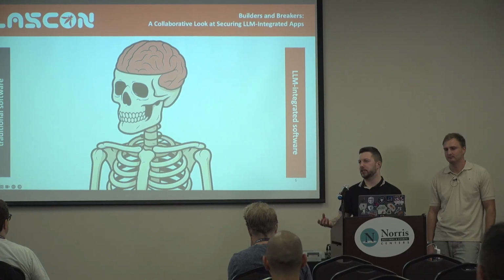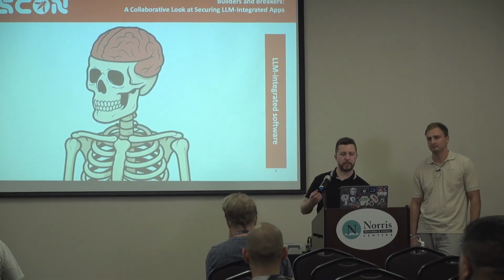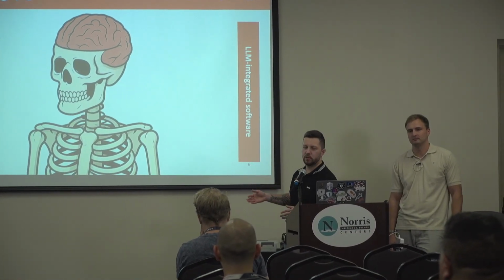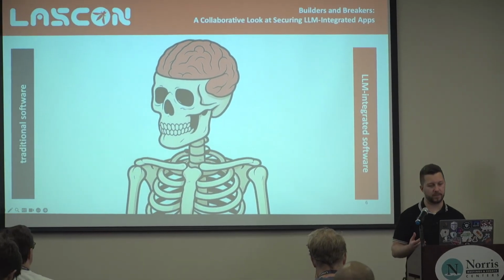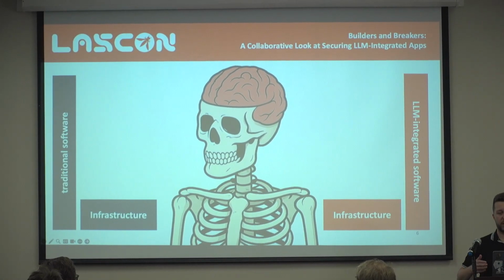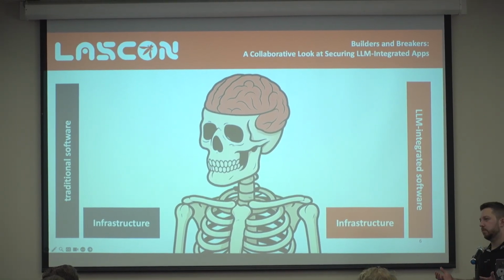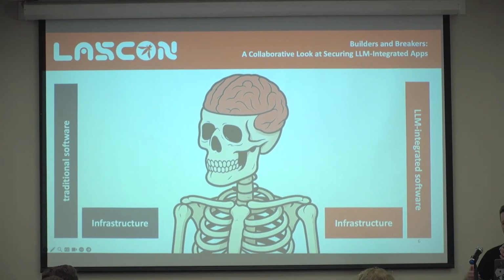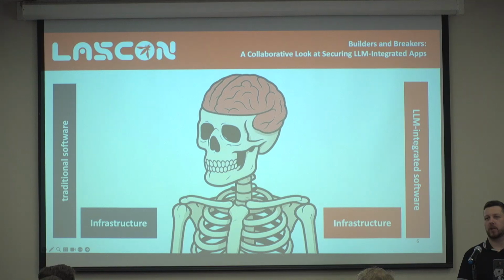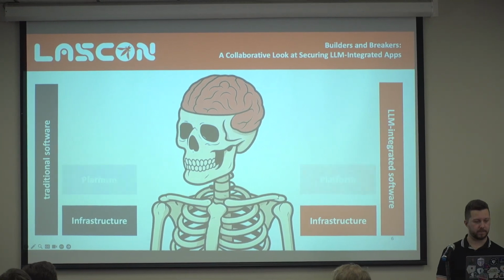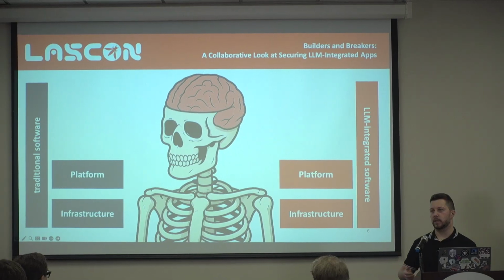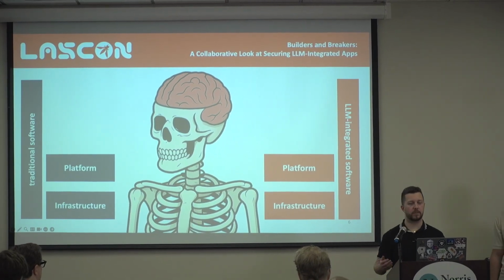But let's get back to what did really change. When you're looking on the left side, traditional software, and on the right side, LLM-integrated applications. The infrastructure remained mostly the same. Of course, we are working with more TPU power now, but mostly the infrastructure is the same. The platforms we're using, on-prem, cloud, hybrid, same.